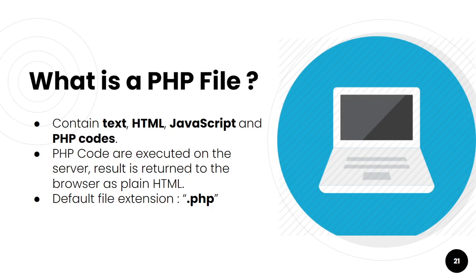In a PHP file, you will have all different sorts of code: HTML, CSS, JavaScript, and PHP code. Unlike HTML and JavaScript, which are executed on your computer, PHP is, as I mentioned, a server scripting language. So the PHP code is run on the server in the cloud, and you will be able to identify it by the .php extension of the file.